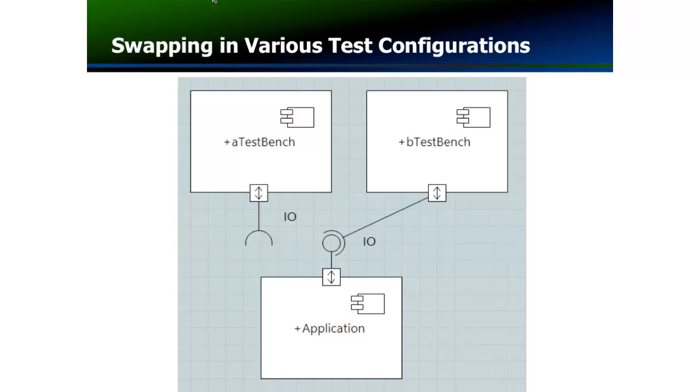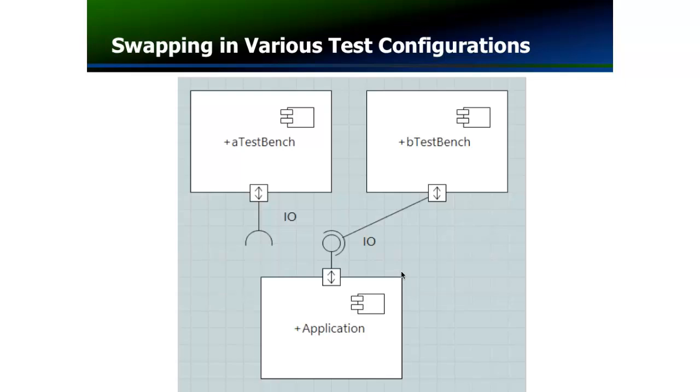One last point to make before we move into the specifics of how to is this idea of swapping various test configurations. I'm showing two test benches here. I've got A test bench and B test bench, and right now the B test bench is wired to the application.